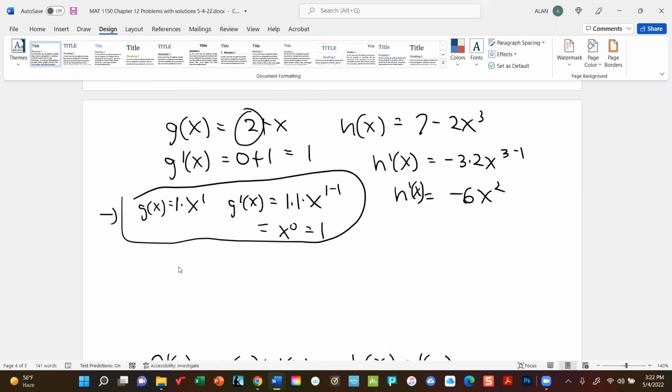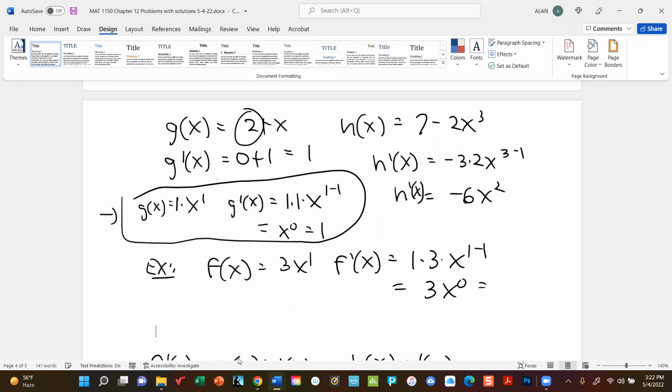Suppose that instead I had this example. f of x is 3x. And keep in mind, there's implicitly a 1 here. Okay. So f prime of x would be 1 times 3 times x to the 1 minus 1. 3x to the 0 is just 3. So it'll be the coefficient of x.